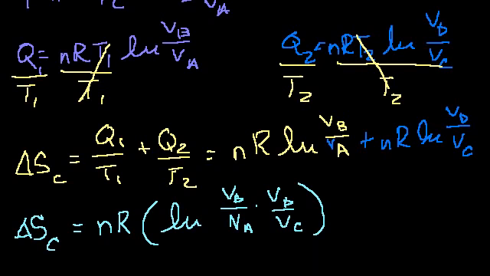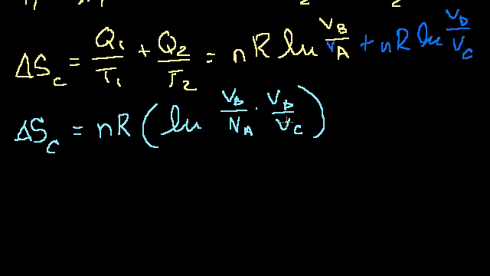Now, what is this equal to? Let's multiply the numerator and the denominator by vc over vd. Let me take this expression here and multiply its numerator and denominator by vc over vd.